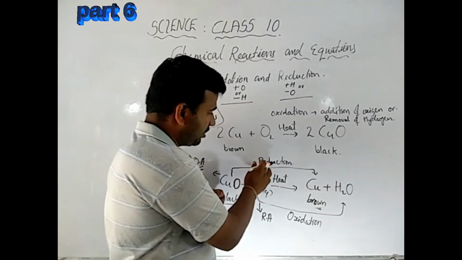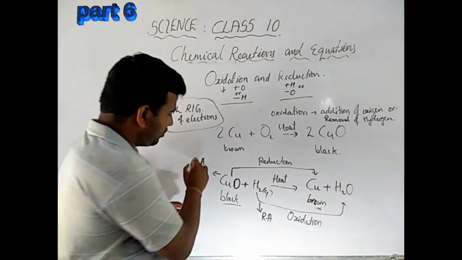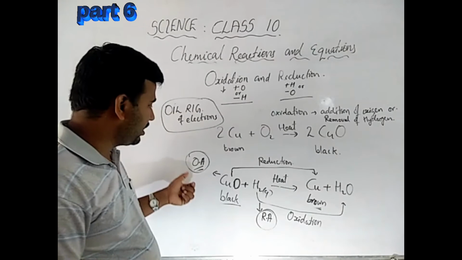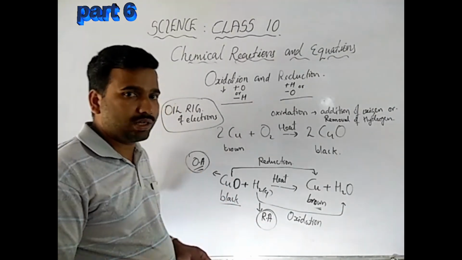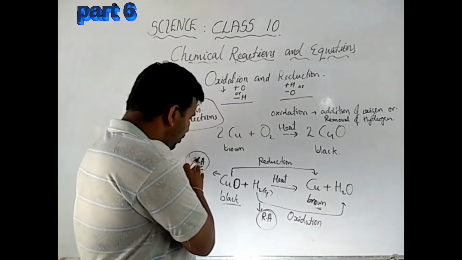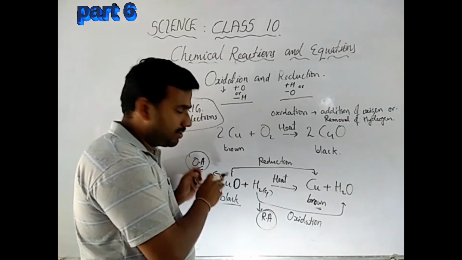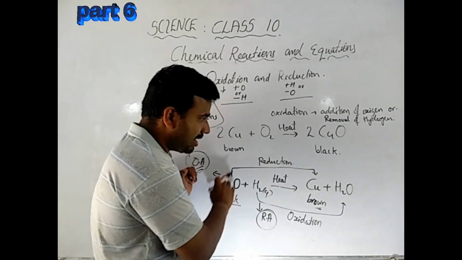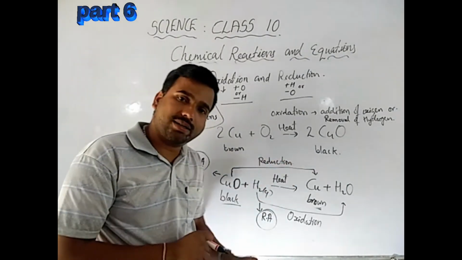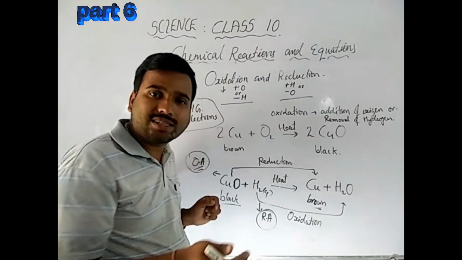See, one more topic: oxidizing agent and reducing agent. These are two terms, so listen carefully. What do you mean by oxidizing agent? One simple definition: the substance that undergoes reduction is known as the oxidizing agent.